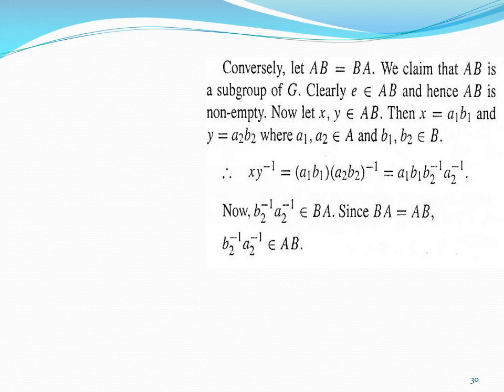Now, x, y in AB means, in the product set AB, x is of the form x equal to a1 b1 and y equal to a2 b2, where small a1, a2 belong to capital A and small b's belong to capital B. Therefore, xy inverse equal to a1 b1 into (a2 b2) inverse, that is equal to a1 b1 b2 inverse into a2 inverse by elementary property.